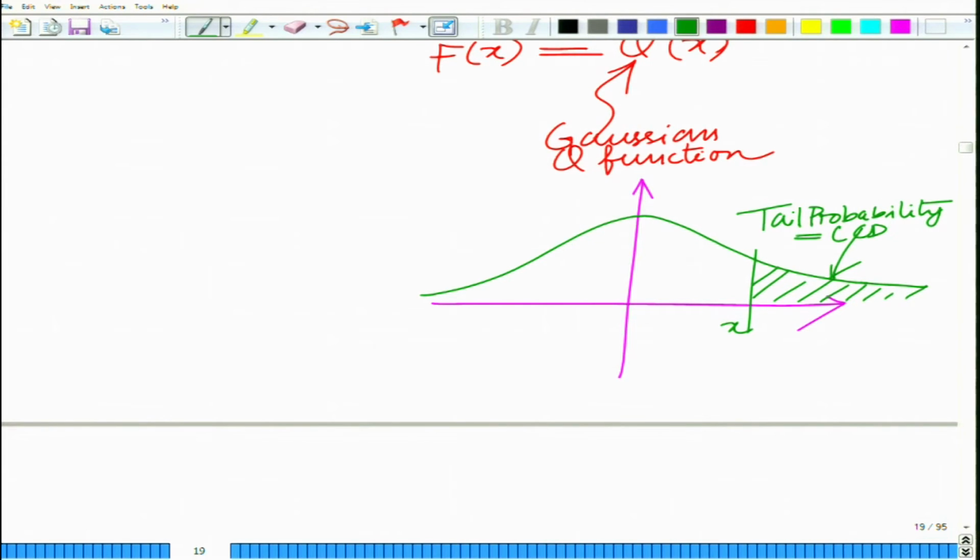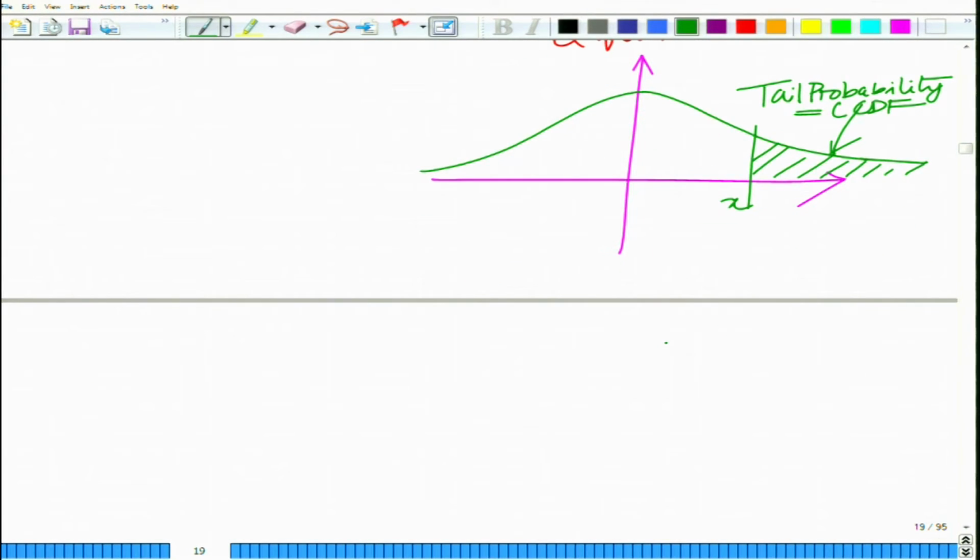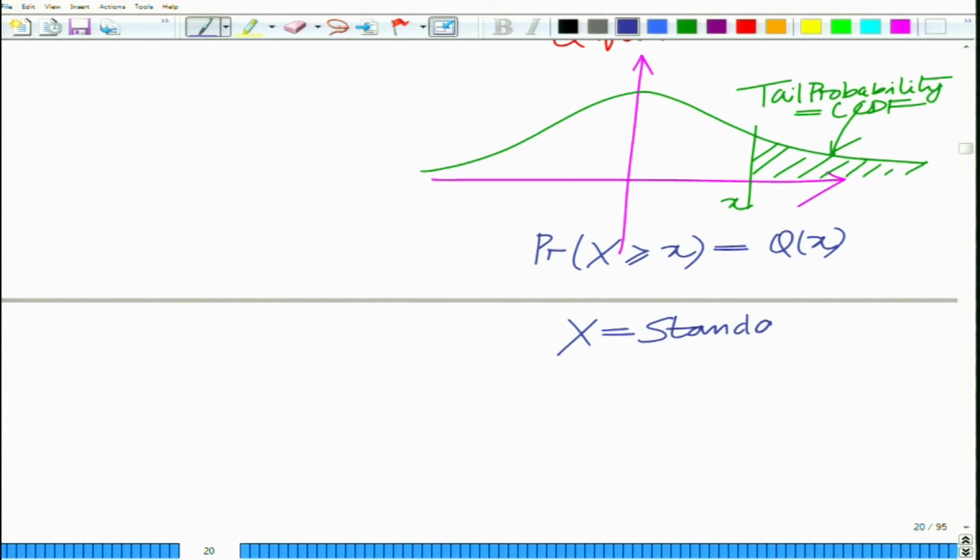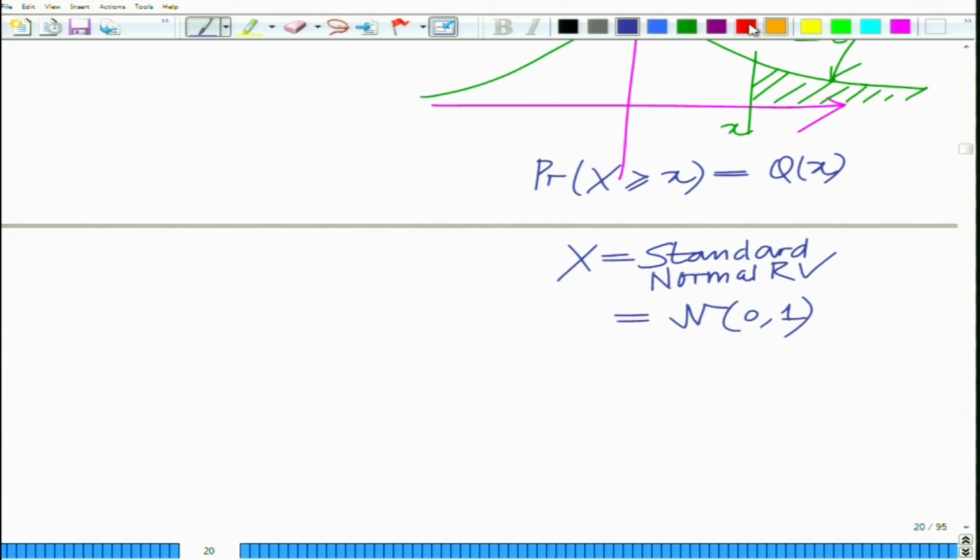Also the CCDF, the complementary cumulative distribution function, which is basically the probability that X is greater than or equal to x. This is your Q of x, where X is the standard normal random variable, denoted by N of 0, 1, that is Gaussian random variable, mean equal to 0, variance equal to 1.